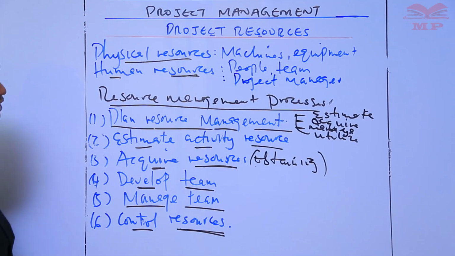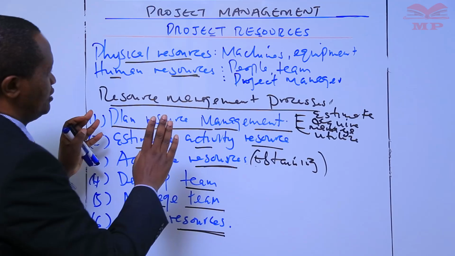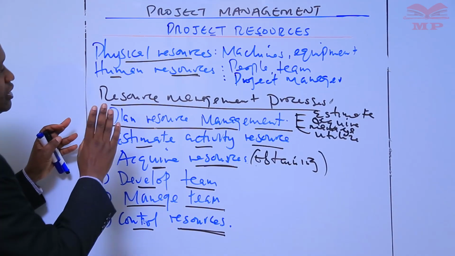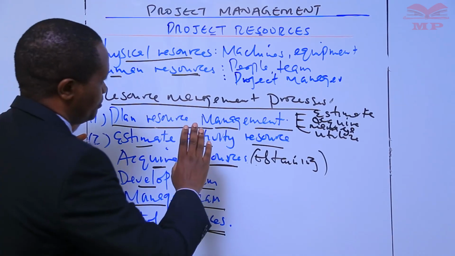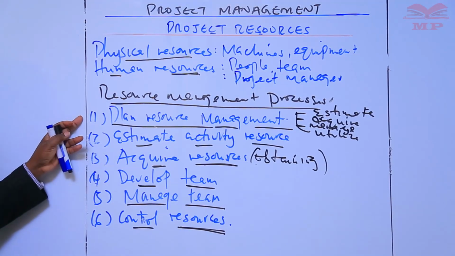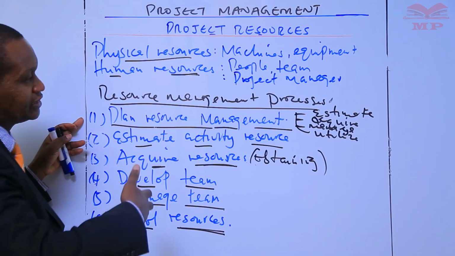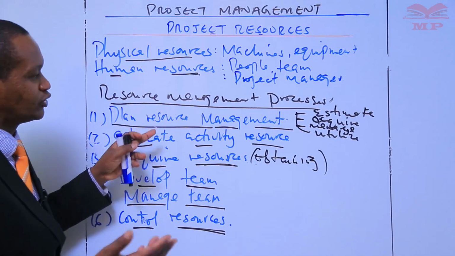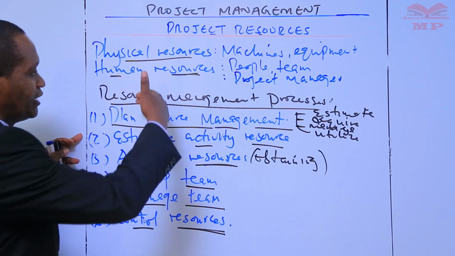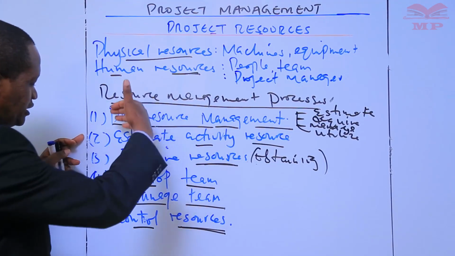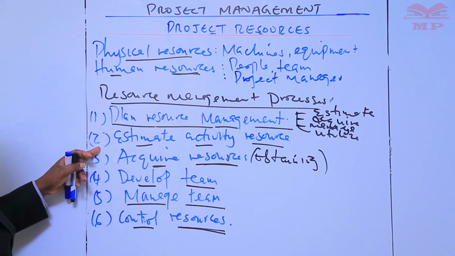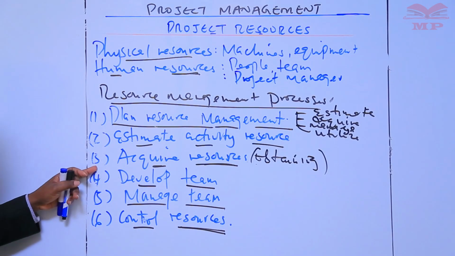So these are the processes in the project management process. Project resource management is a process which has all these other processes. One is plan resource management. 2, estimate activity resources. 3, acquiring resources is a process.